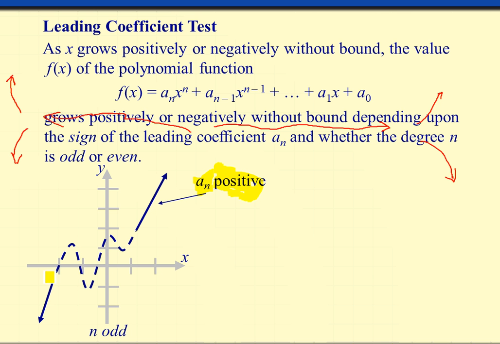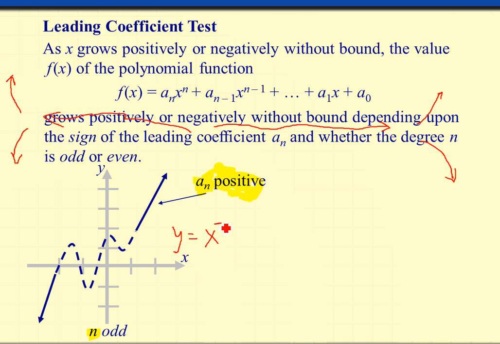Don't look at the dashed lines in between. Without these dashed lines, if we had f of x equal to x cubed, it would be going down on the left and up on the right. This n represents the degree, and this a sub n represents the leading coefficient. Think about the graph of y equals x cubed.